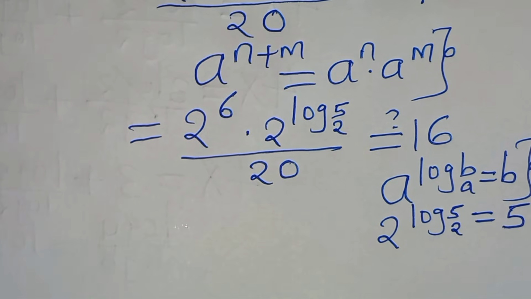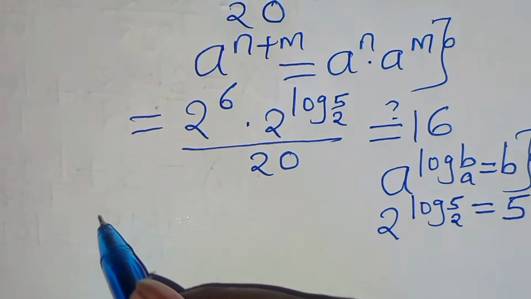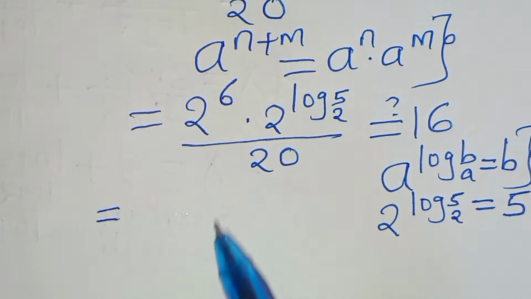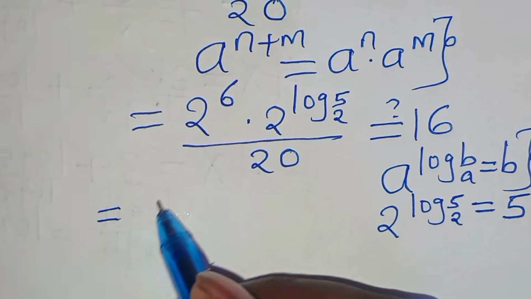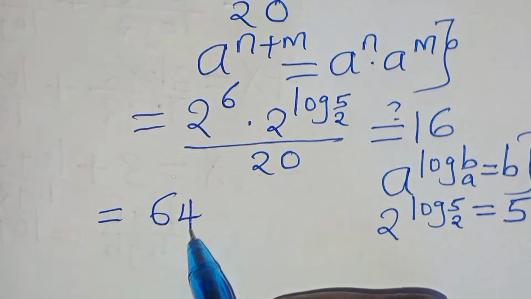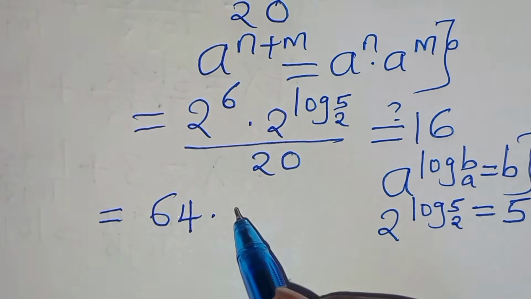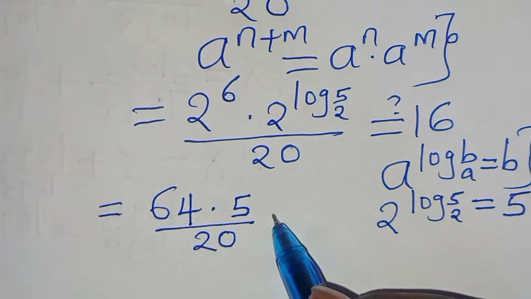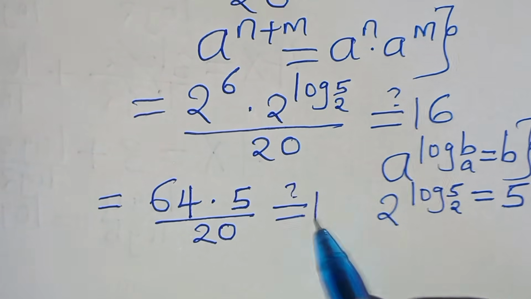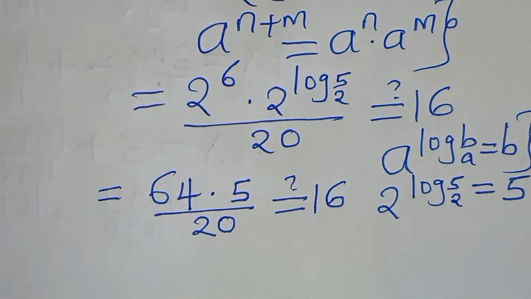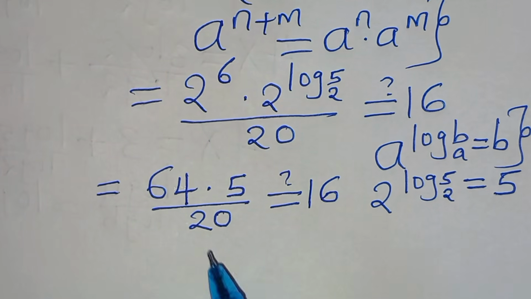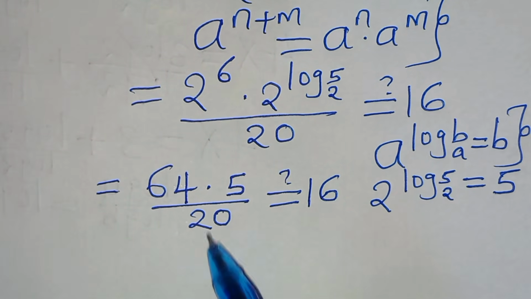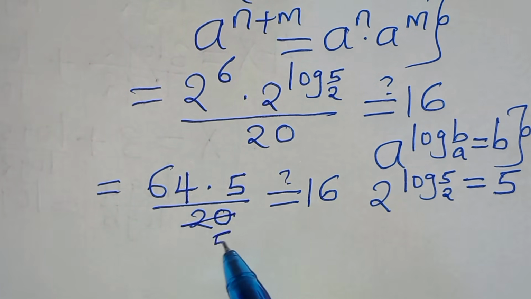Now let's substitute 5, so that here we have 2 to the power of 6. Remember, 2 to the power of 6 is equal to 64, multiplied by 5 divided by 20. This is supposed to give us a value of 16. Now we can divide 20 by 4. This is 5.